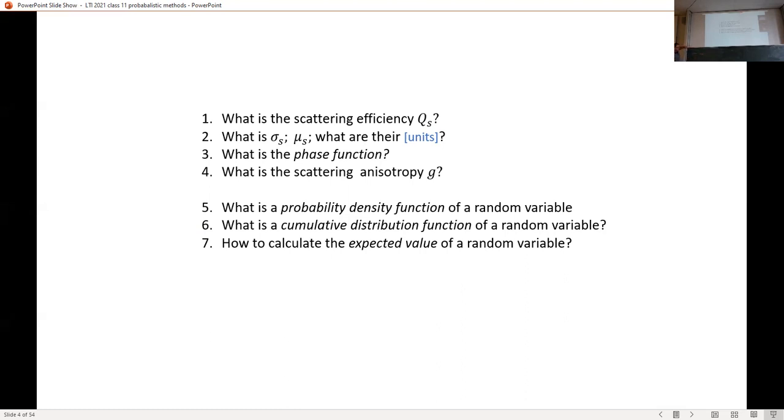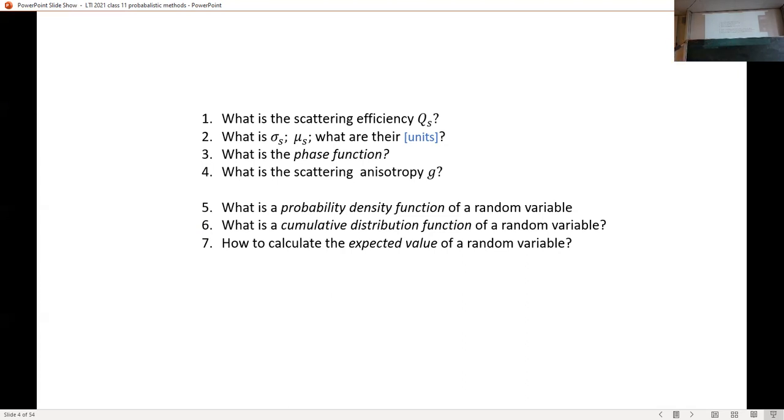So if this is the direction of incoming light and the particle is here, this would be the scattering angle theta. So the deviation from the incoming angle, and there is rotational symmetry around this axis. Then the average of the cosine of theta is the scattering anisotropy.